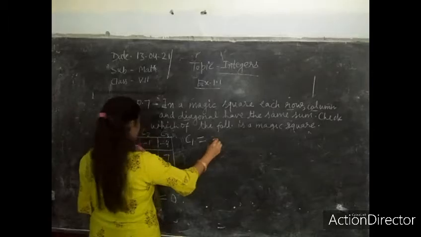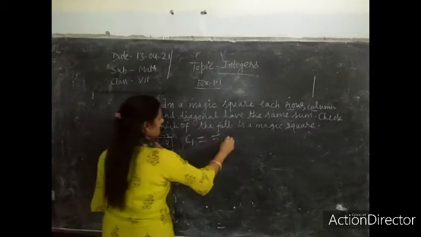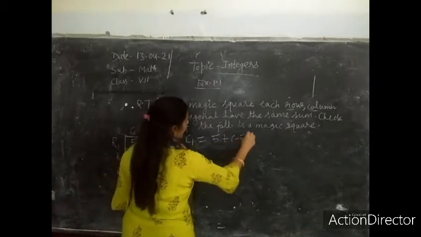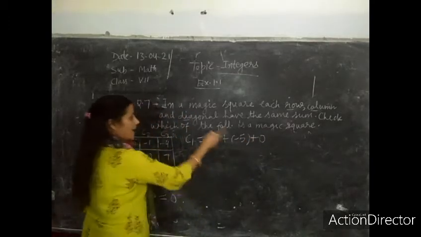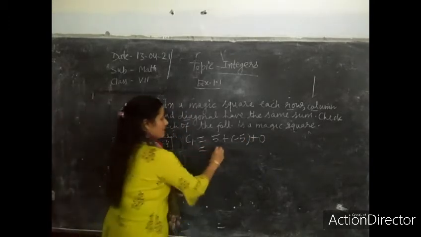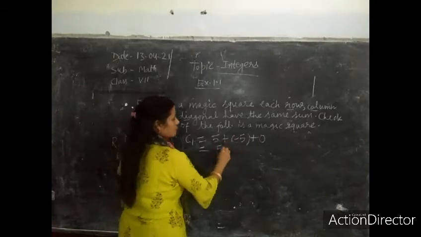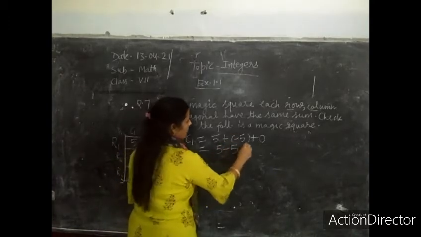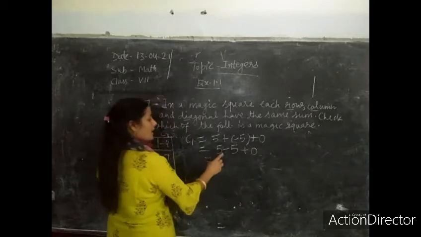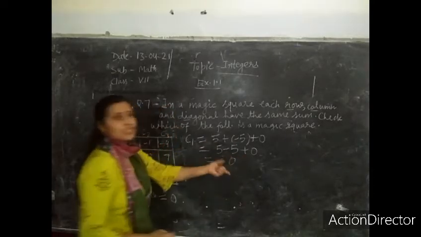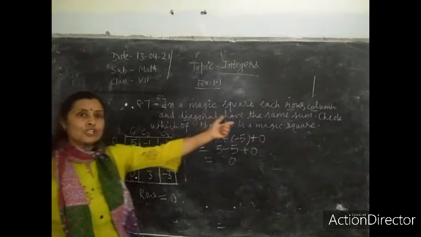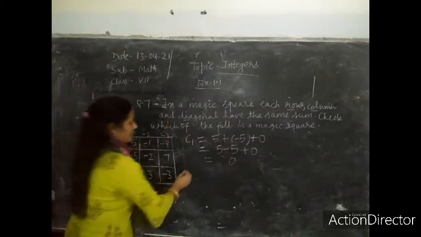Take these integers: 5 plus (minus 5) plus 0. Now add. C1 is also 0.